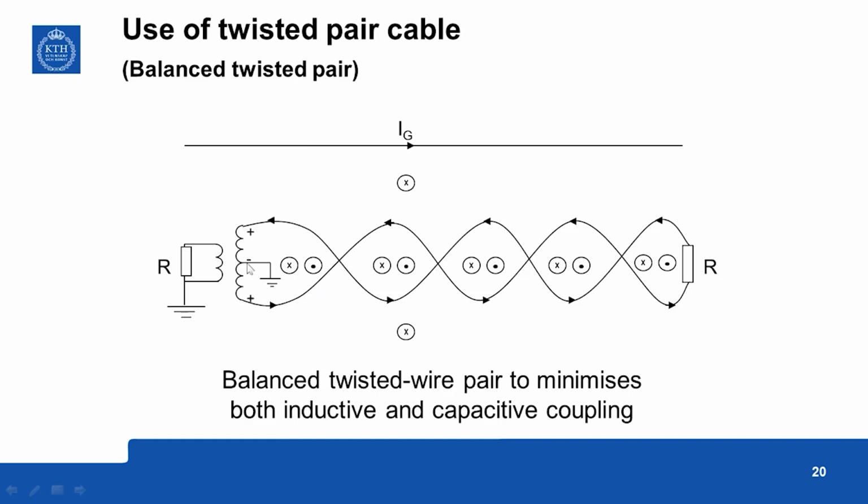So they are balanced over here in opposing currents. So the net noise voltage induced will be 0. So you eliminate even capacitive coupling. So balanced twisted pair minimizes both inductive and capacitive coupling.